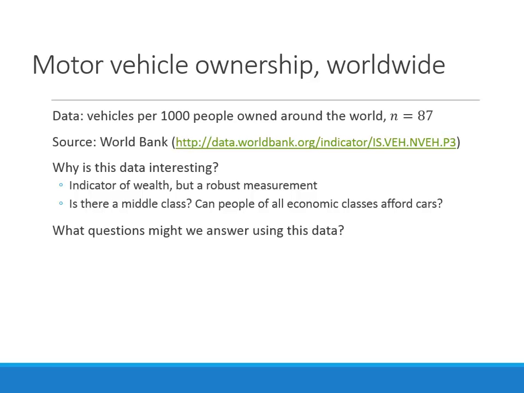This data might be interesting because it might indicate the wealth of the country, but it's a more robust measurement. Individual people aren't driving this number up. It's a rate per 1,000. And we could think about questions like, is there a middle class? Can people of all economic classes afford a car? And this type of thing.